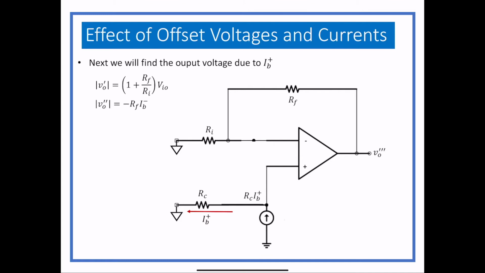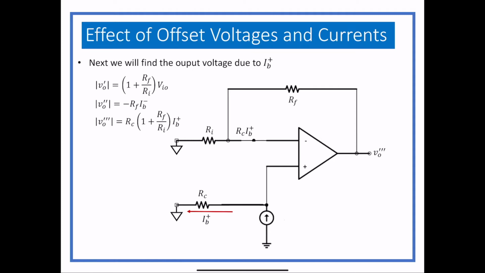And that is just going to get multiplied by the non-inverting gain of this op amp, because it's going into the non-inverting terminal, so that's just 1 plus RF over RI. So again, we have a non-inverting op amp, it's multiplied by that value, and I did split up the RC and the IB plus for reasons that will become apparent later.